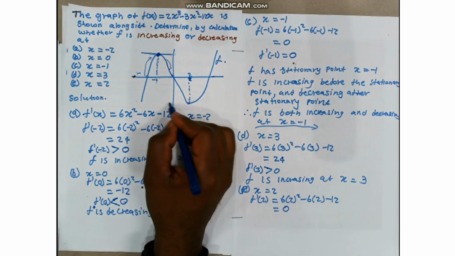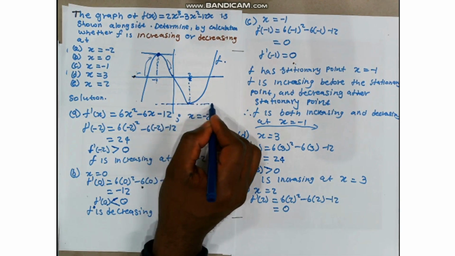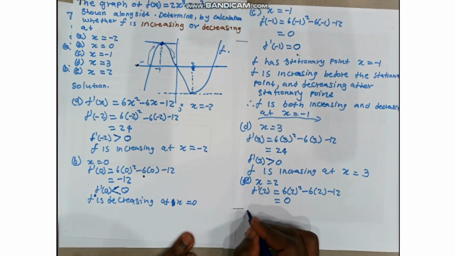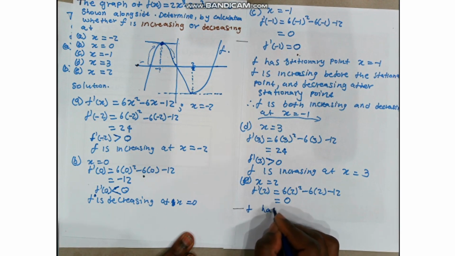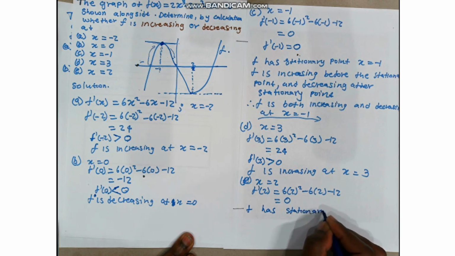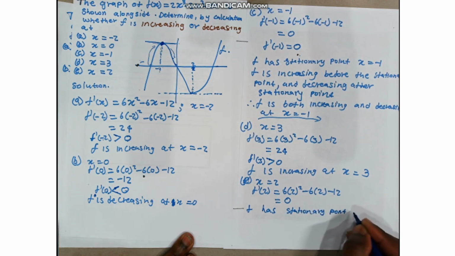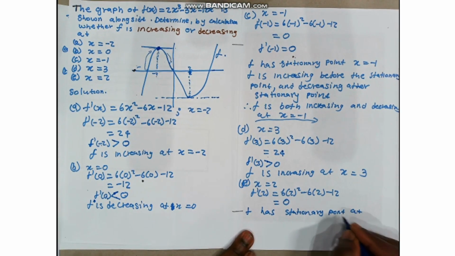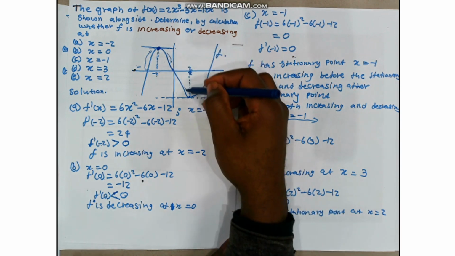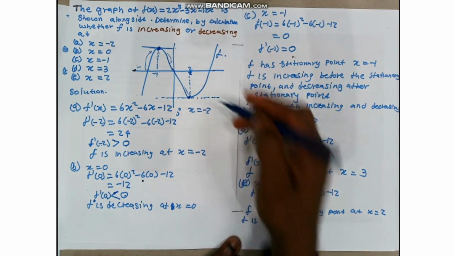So our gradient here is 0. What does this mean? It means that our f has a stationary point at x is equal to 2, and also our f, from this side going here before reaching here, is decreasing.